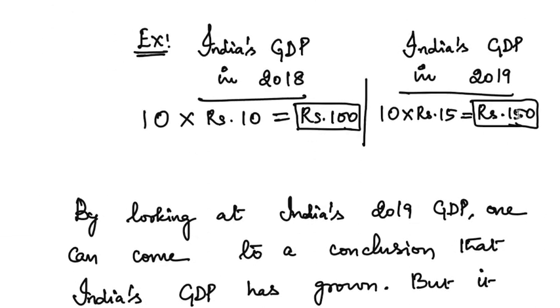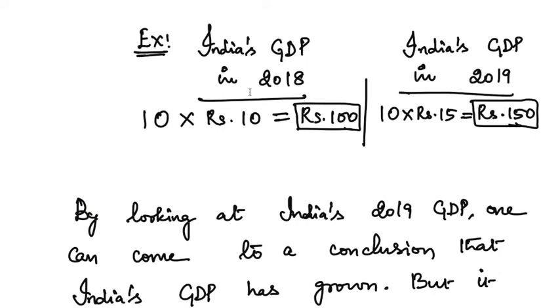So this 150, the nominal value, is nominal GDP. To calculate real GDP, you use a base year. Usually, to adjust or eliminate the price effect, we use the price of one particular year, which is called the base year.